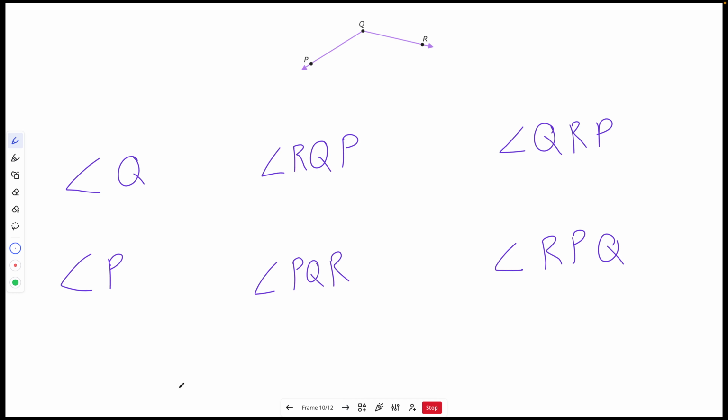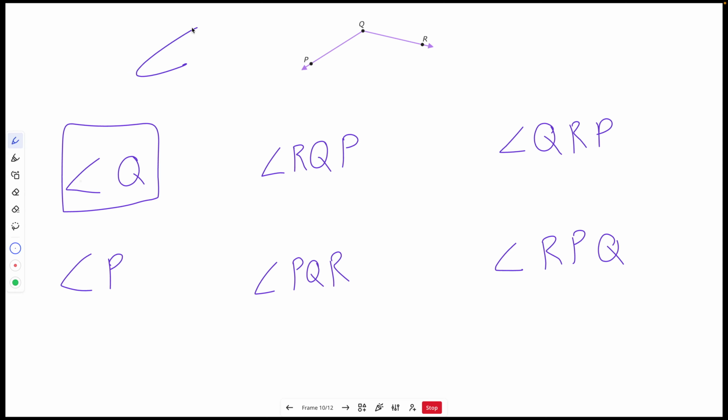All right, the hardest one. Go ahead and pause the video, try this on your own. Okay, so there are multiple right answers here. Number one, you could call it by the middle letter, which is angle Q. And this symbol you see in the front just means angle.